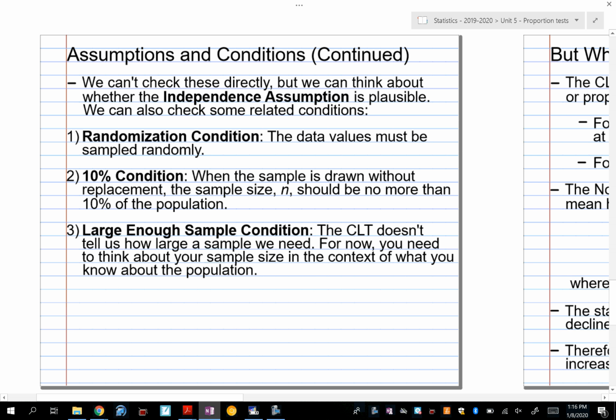So in the problem we do today, you'll see how I address that issue of not really knowing if it is large enough or not. Now, we're still going to be able to do the same work that we did in the 10% condition. Remember yesterday, I took the sample size and multiplied by 10 and asked myself, are there more than that many cars in the population? So it'll be something similar today.